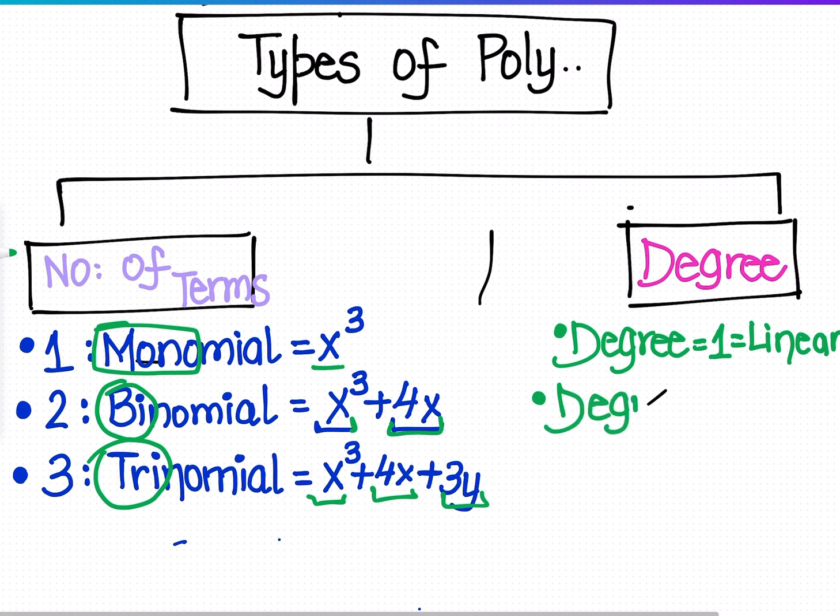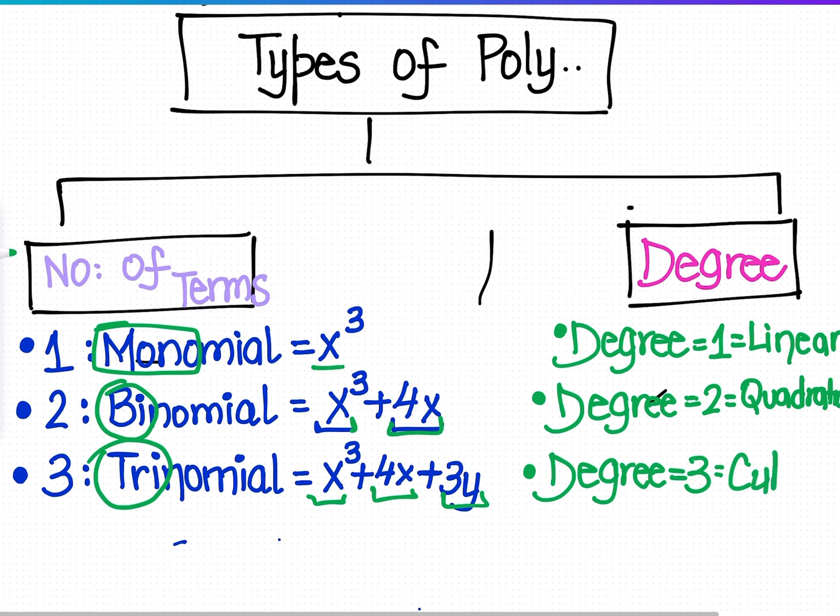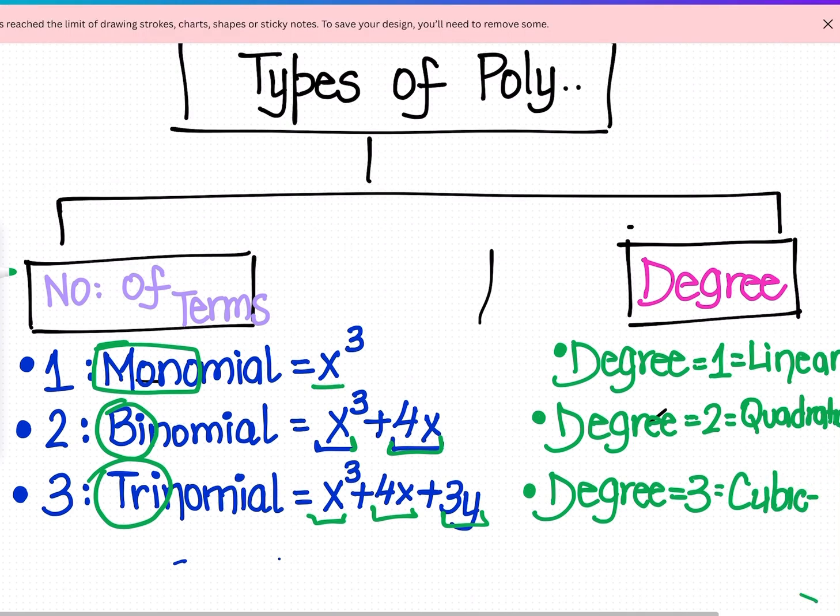Degree 2 polynomials are called quadratic. And then the polynomials with degree 3 are called cubic. Basically, they are written as x cubed.